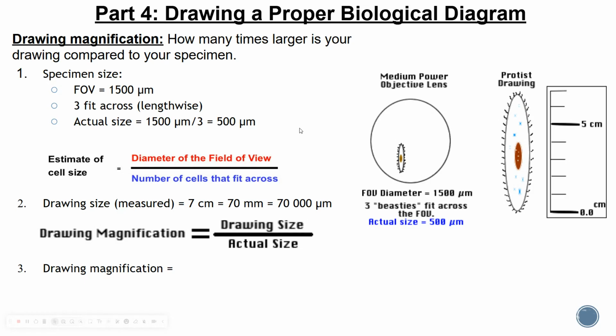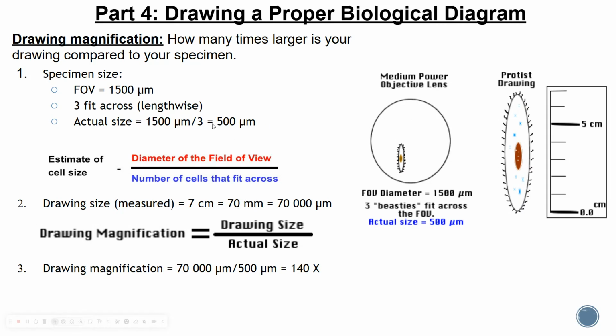And so now I have micrometers and micrometers here. The drawing size is 70,000 micrometers divided by the specimen size, which is 500 micrometers, which means 140 times. So the drawing is about 140 times larger than the actual specimen. And that's what I would put into my drawing magnification area on the bottom right of the page.